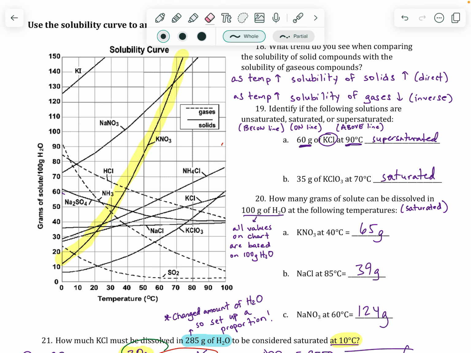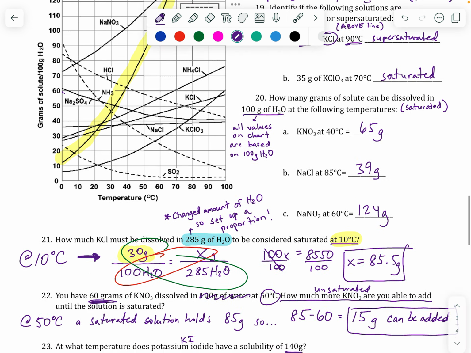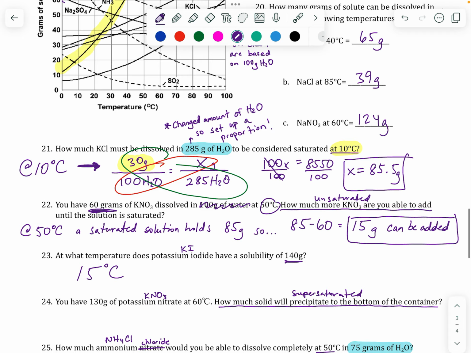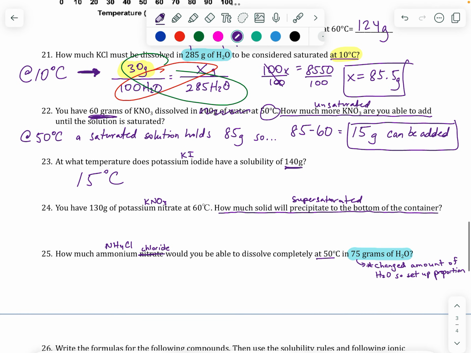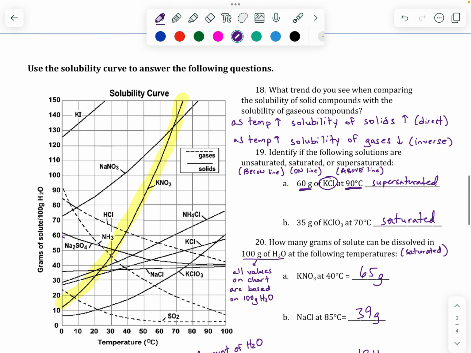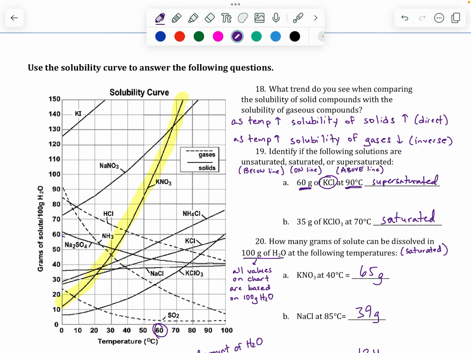Get rid of all the extra stuff. So we're saying that we have 130 grams, and so this is 130 grams at 60 degrees Celsius, and so let's match that point. So here's 60 down there, here's 130 up here, so I'm going to keep going, right? And that's that point right there.